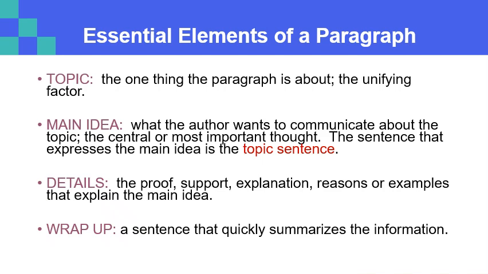A main idea is what the author wants to communicate about that topic. So there's going to be a point of view with the main idea. And it is the most important thought about that paragraph. Typically, there is one sentence that will express the main idea, and that is your topic sentence.